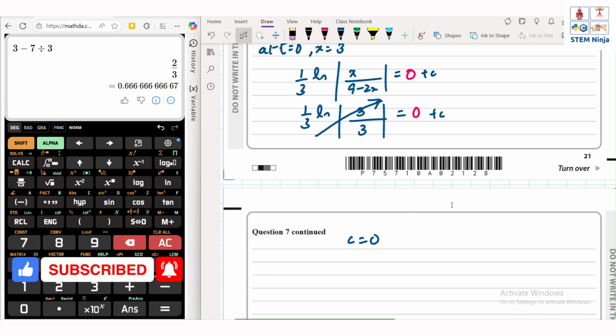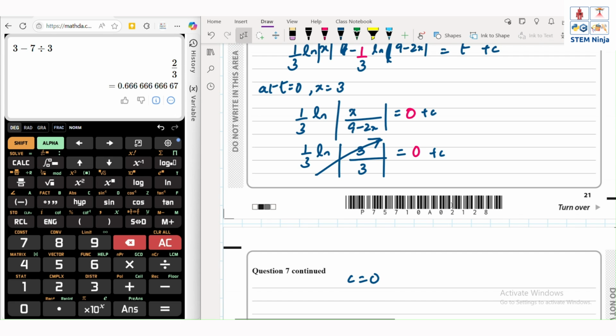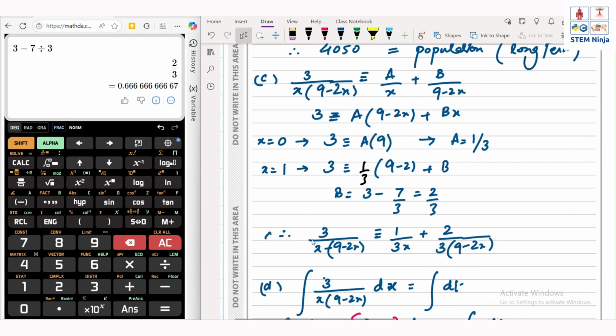So which further means that we are left with, therefore, t is equal to 1/3 of ln x over 9 minus 2x. So this would mean that we need to get it in terms of t or x.